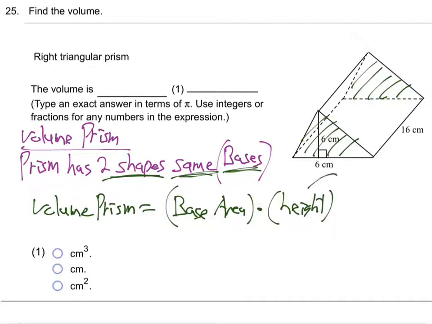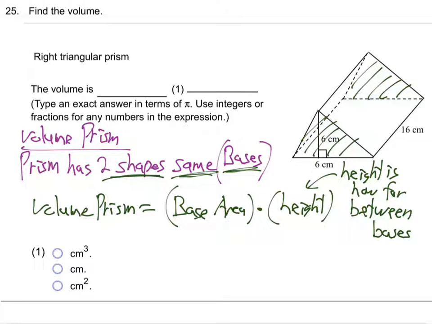And the height is how far between the bases. So in this case, that's the 16. That's how far between the two triangle bases. Does that make sense? Area of the base times the height. I want these to make sense for you.